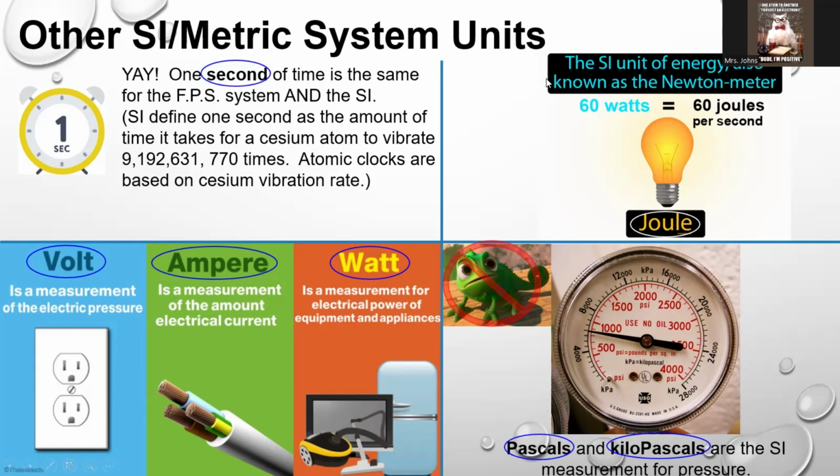Now, 2 other things that we'll use in chemistry this year, just for a little while, is the joule. It is the SI unit for energy. A 60-watt light bulb is equal to 60 joules per second.